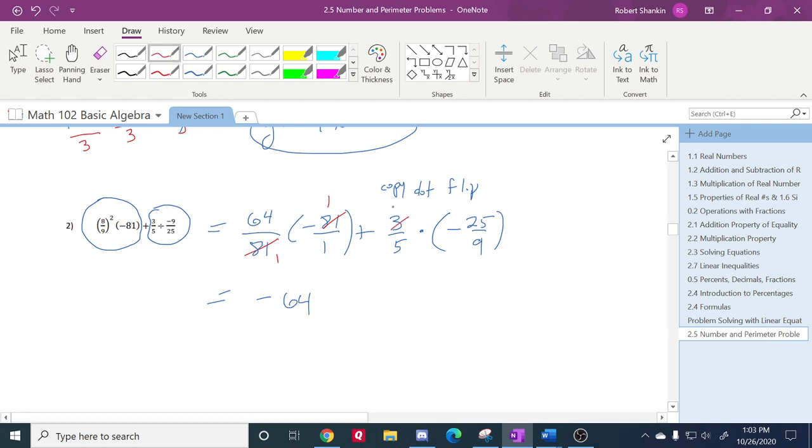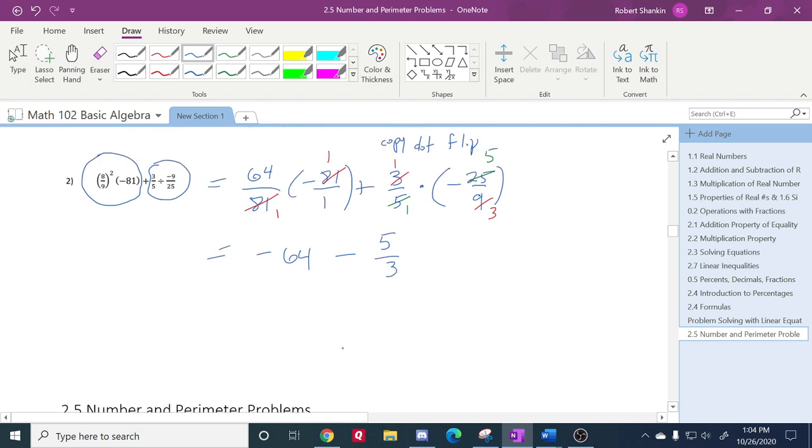Divide by 3, divide by 3, divide by 5, divide by 5. Now, positive times negative makes negative. And 5 on the top, 3 on the bottom. And this becomes kind of messy because they don't have common denominators. This is really over 1.